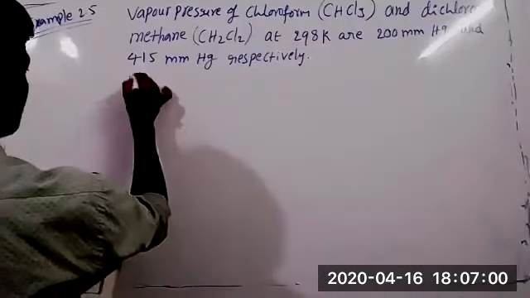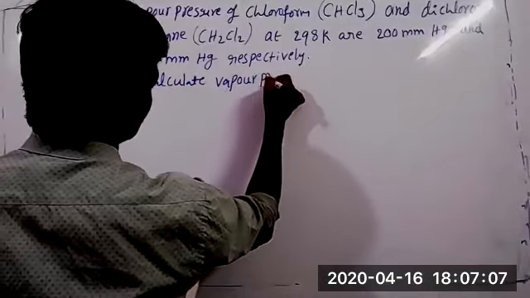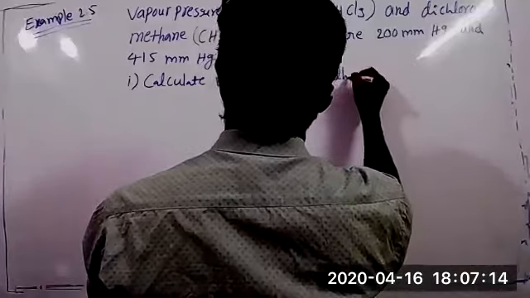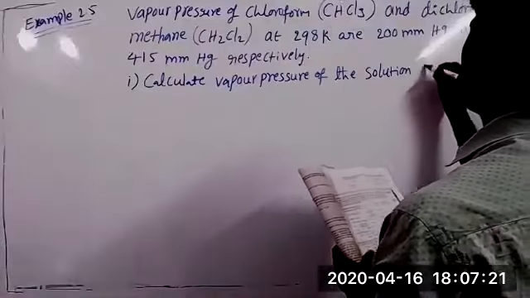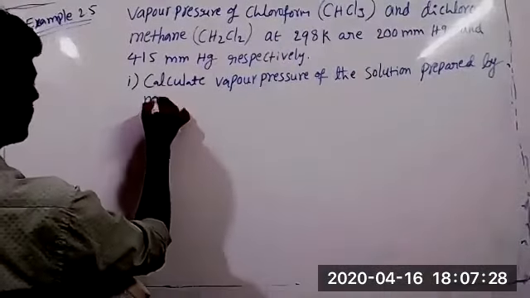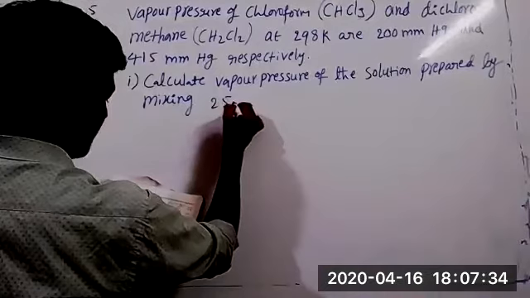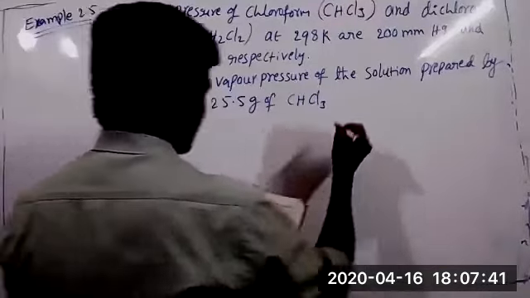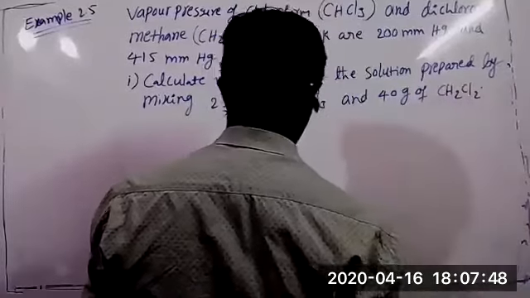First one, calculate vapor pressure of the solution prepared by mixing 25.5 gram of chloroform and 40 grams of dichloromethane at 298 Kelvin.